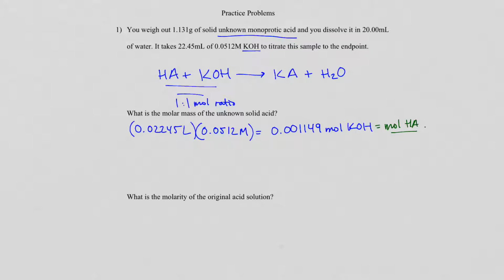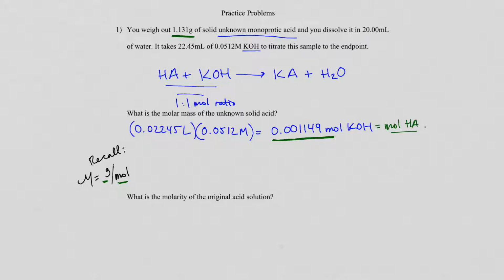Now, the helpful part is we can now say that equals moles of HA. Now, let's recall that molar mass is in units of grams per mole. So we need to have something where we have grams and where we have moles. We know we have moles. Moles are right here. I even wrote moles HA in the same color. But you have to look back to the question to remember that you dissolved 1.131 grams in your 20 mL of water.